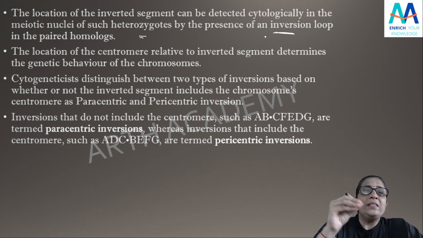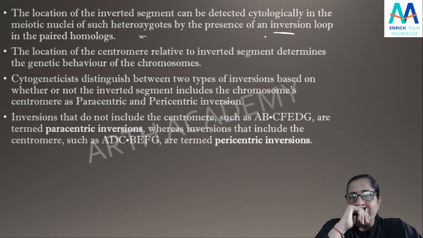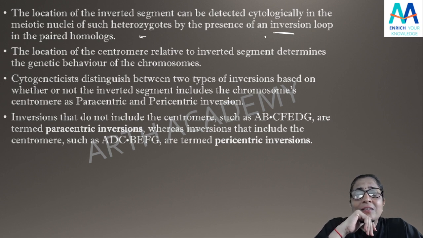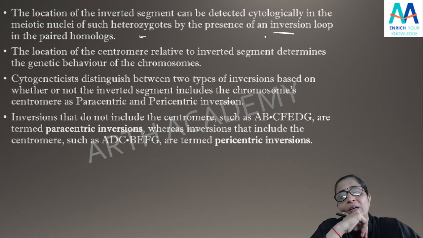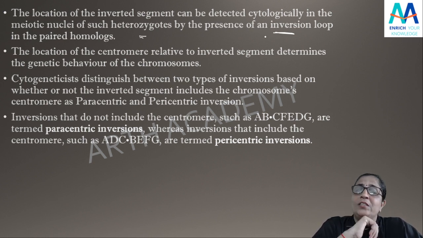Now this inversion, यदि हो रहा है, और ये loop formation जो हो रहा है, again यहाँ पर दो चीज, two things are important, whether this is with the centromere or without the centromere. The inversion loop either includes the centromere or does not include the centromere.